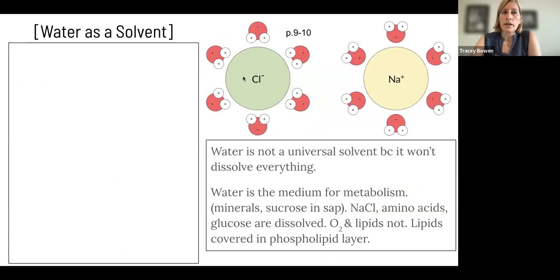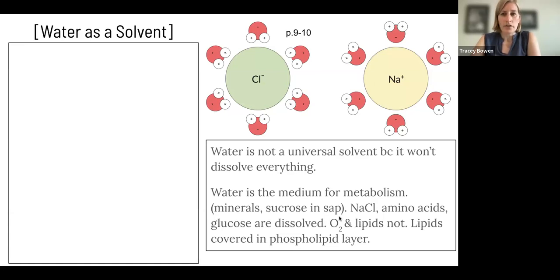So water acts as a solvent. It's not a universal solvent because it's not going to dissolve everything in it, but it will dissolve polar molecules and ions. Things that will be dissolved in water would be things like sodium chloride, amino acids, glucose. Oxygen and lipids are not.